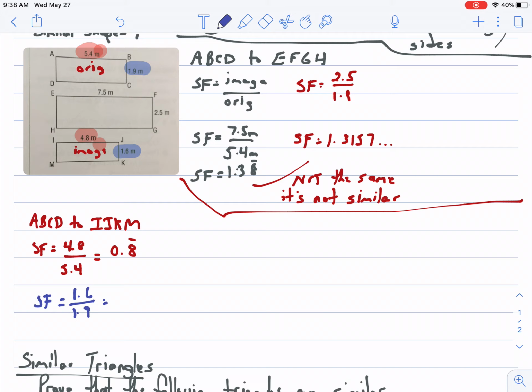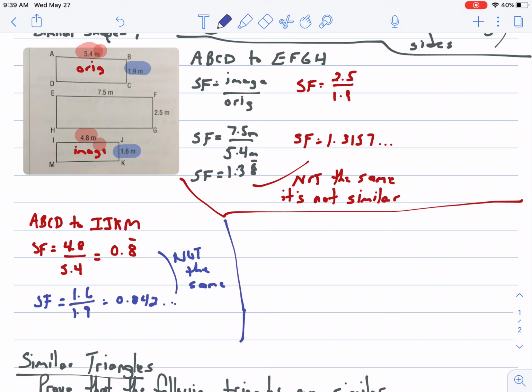And when I divide those, 1.6 divided by 1.9, I get 0.842, and some other numbers. Again, not the same. So that means these guys aren't similar either. That's kind of an important idea.